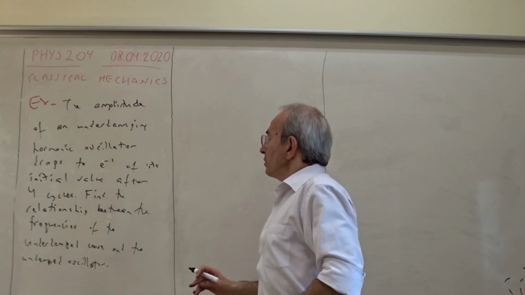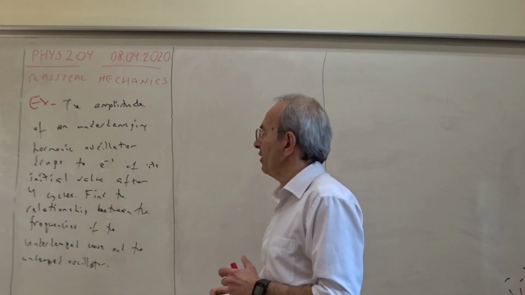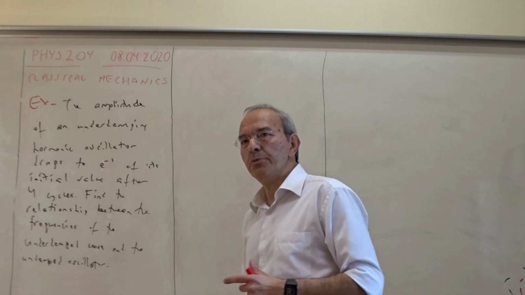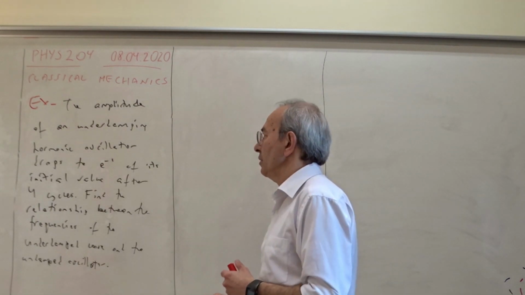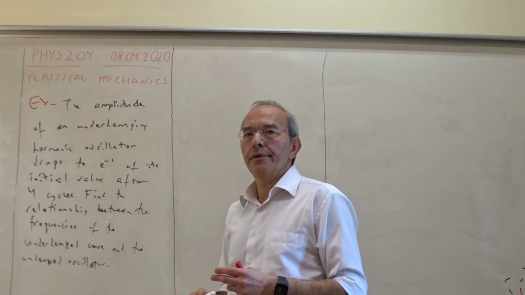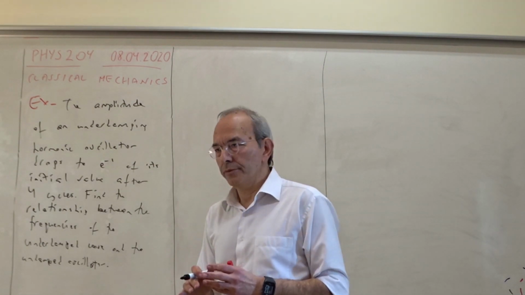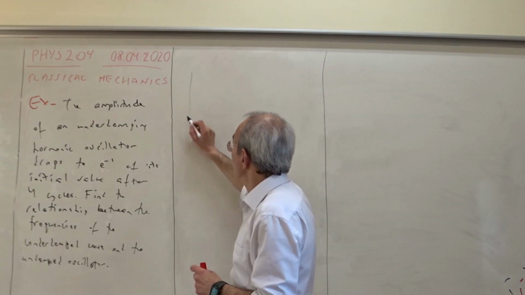So what does it tell us here? We have a mass spring system, for instance. It is executing underdamped motion. What is underdamped motion?